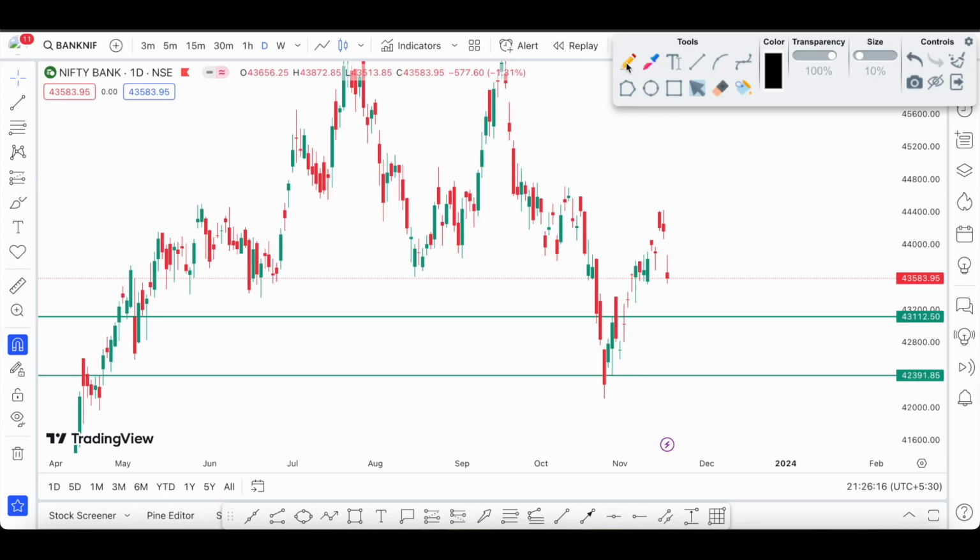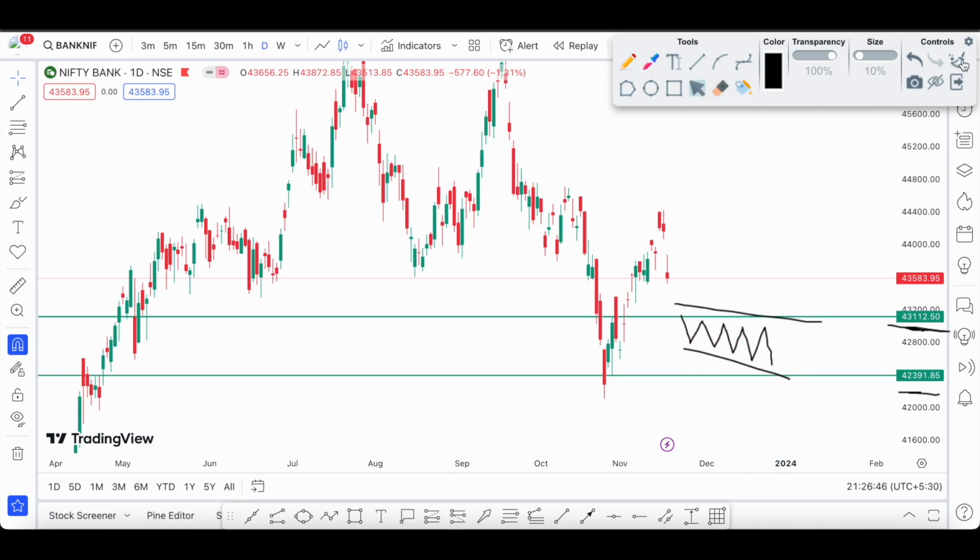I have given you two levels here, 43,112 and 42,391. These are the levels I am going to watch out for. If Bank Nifty shows weakness, I would be interested to see how it reacts at these zones and what sort of price action it makes.